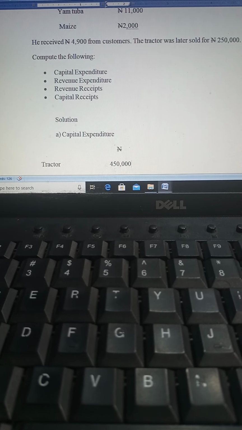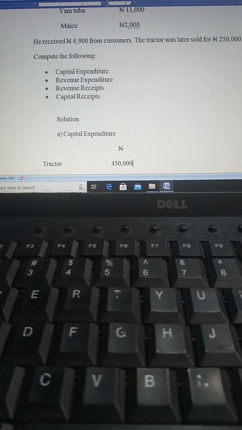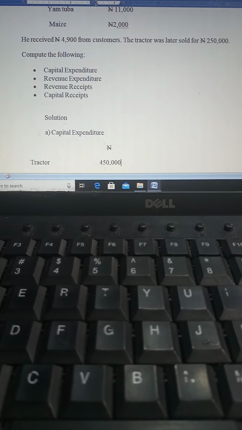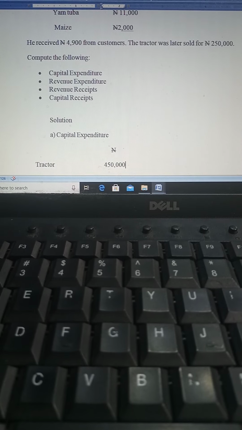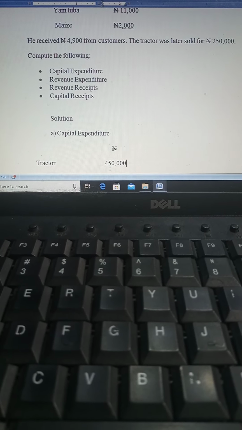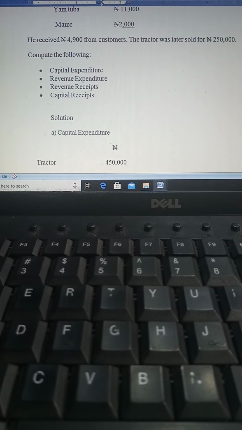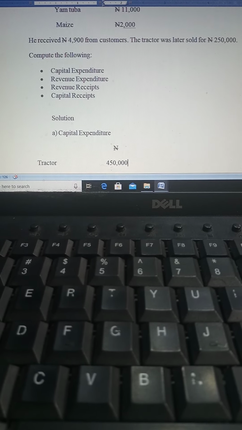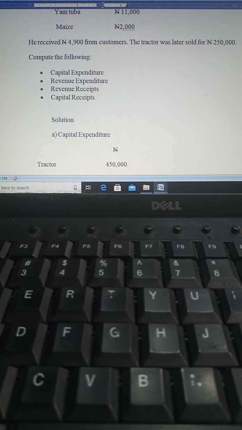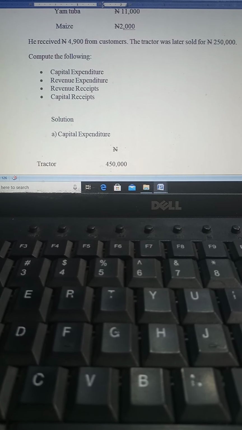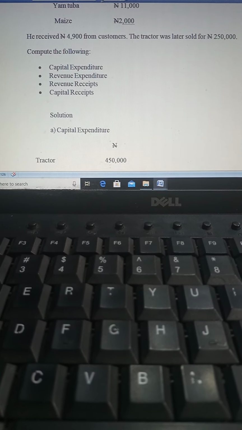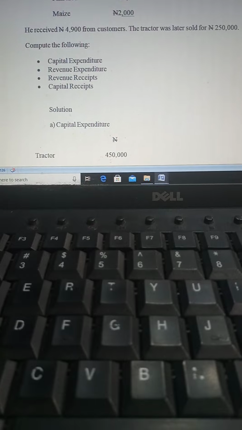Capital receipt consists of the amount of money received from the sales of fixed assets, from the issue of shares, from debentures, and from loans. So if you get loans, classify loans as capital receipts also. So those are our capital receipts.